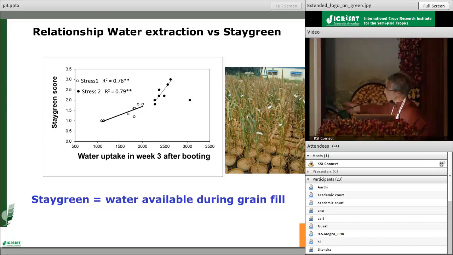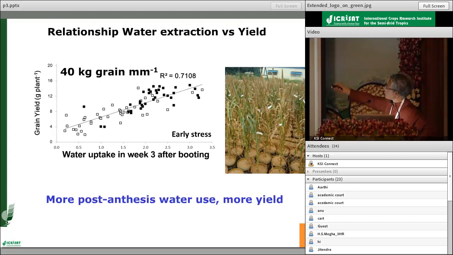And when we plot the same water uptake in week 3 after booting against grain yield, we've got a very significant relationship. If you extrapolate the yield to a planting density, it comes down to a slope of about 40 kilograms per millimeter of water.